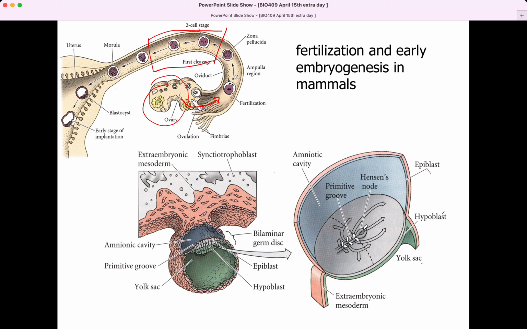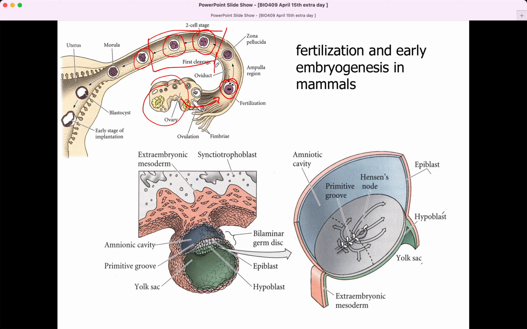And when fertilization takes place, very early after ovulation in this image, the fertilized egg starts to divide. And so we have a 2-cell embryo, a 4-cell embryo, 8-cell embryo, and that's what these are referred to.